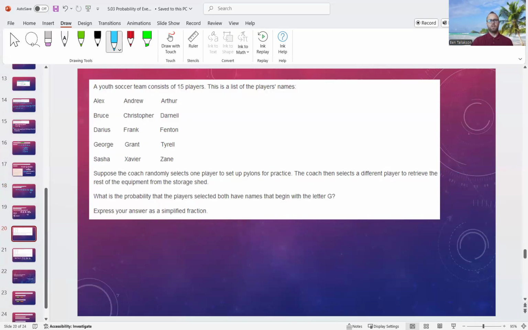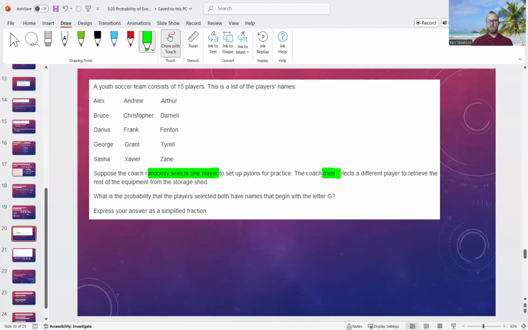Okay. Let's do one final problem today. A youth soccer team consists of 15 players, and this is a list of the players' names. Suppose the coach randomly selects one player to set up pylons for practice.